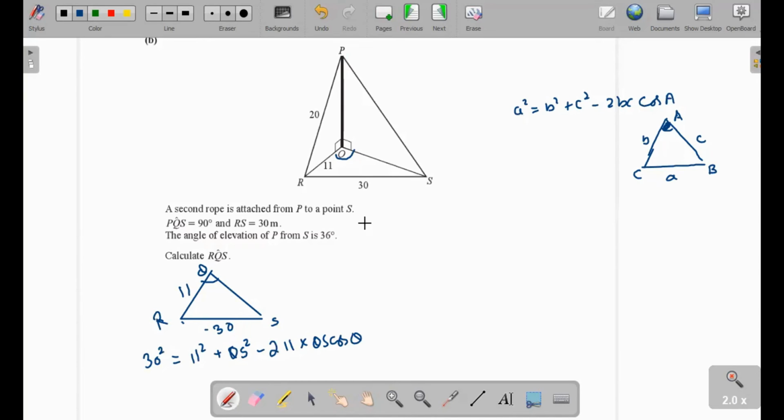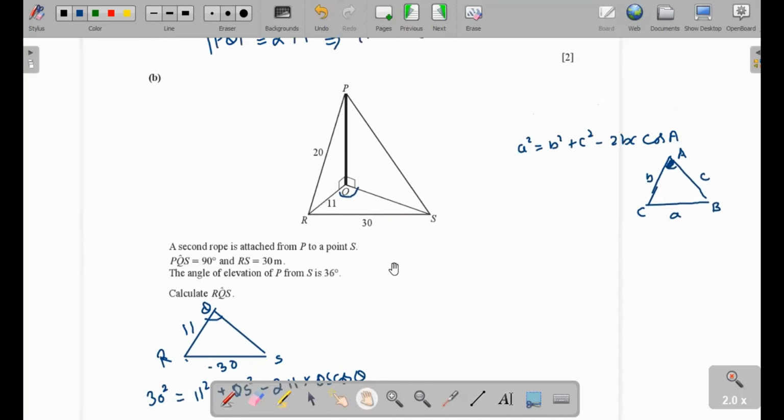To find the QS length, we see that here, this is the right angle triangle PQS. We draw this right angle triangle separately here. This is PQS. Sorry, PQS.